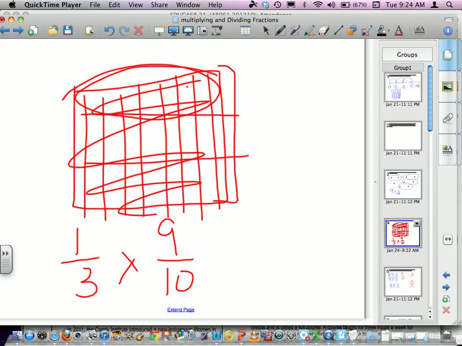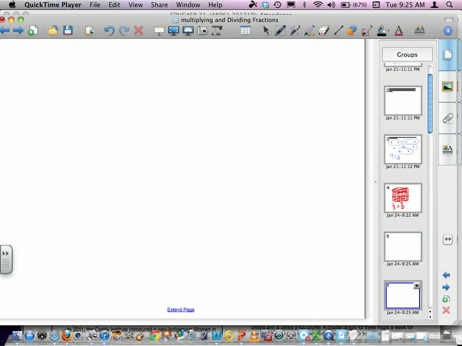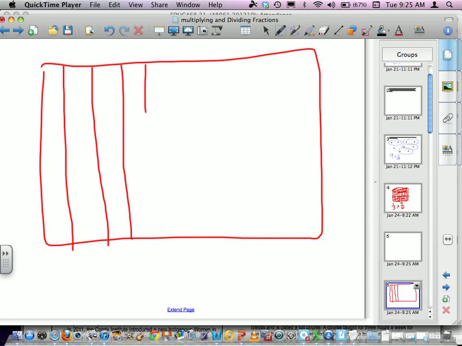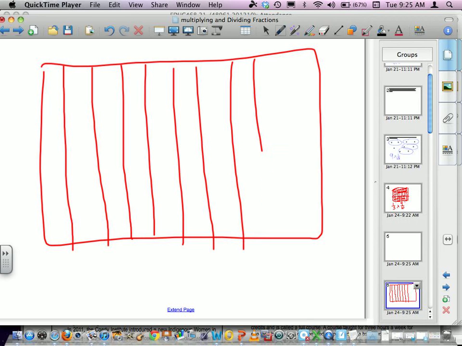Can you do the area model again? Yeah, color it, shade it. Okay. Let me just start a new page because it wasn't a very pretty one. So I'm going to break this into 10 parts. Okay, so that's 10 parts.